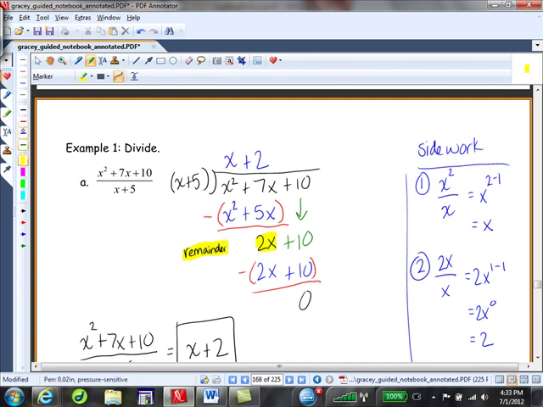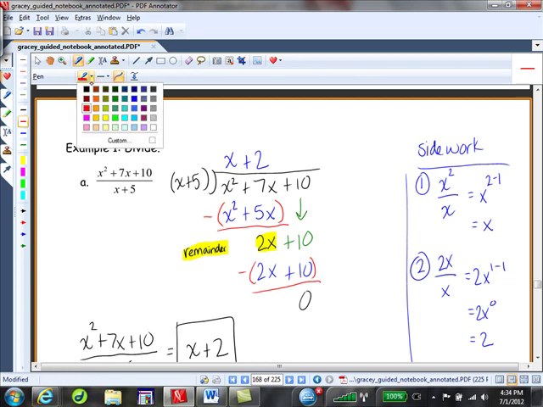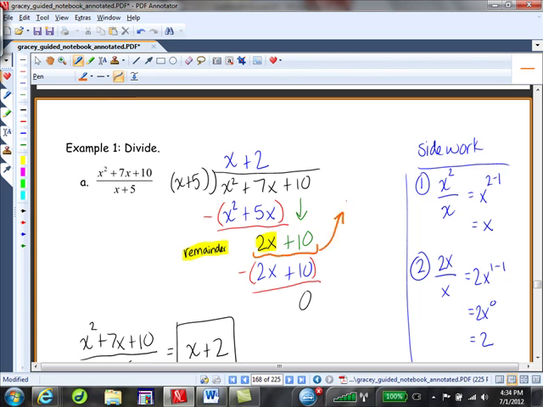And this 2x plus 10, the whole 2x plus 10, I'll do it in orange. This 2x plus 10 was the new dividend they were talking about. Okay? And then 0 is another remainder, but we can't do anything more with that, so we were done.